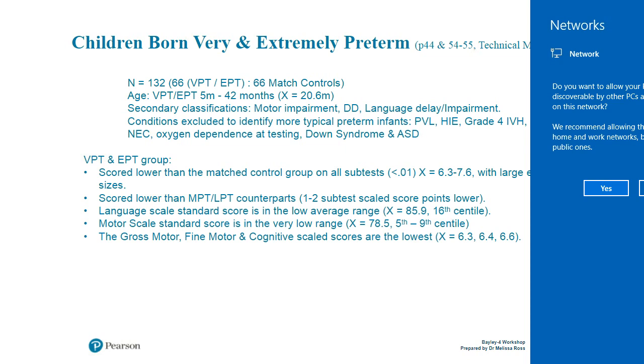The average language scaled score was in the low average range, and the motor scale standard score was in the very low range. The gross motor, fine motor, and cognitive scaled scores were the lowest. Keep in mind that this represents the group of very and extremely preterm infants that do not have conditions typically associated with poorer outcome.